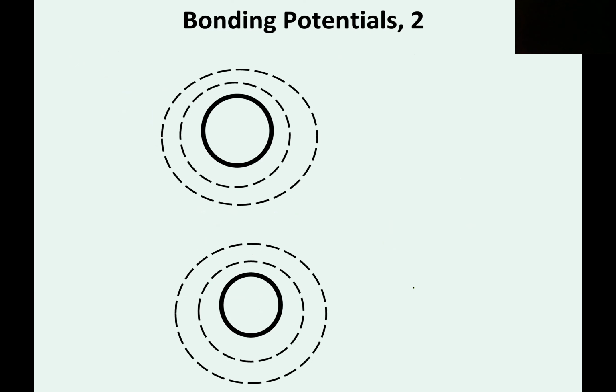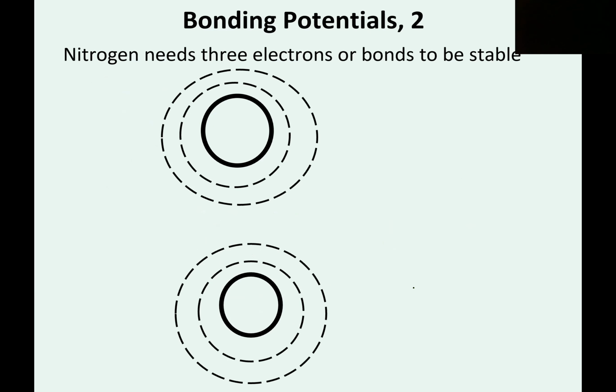In the other big box, you're going to need to draw nitrogen. Nitrogen has 7 protons, 7 neutrons in its nucleus. It has 2 shells. The first shell has 2 electrons, and the second shell has 5. So 8 minus 5 means 3 is the magic number for nitrogen.